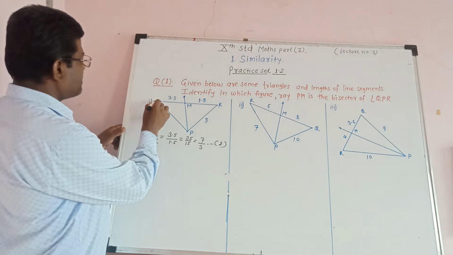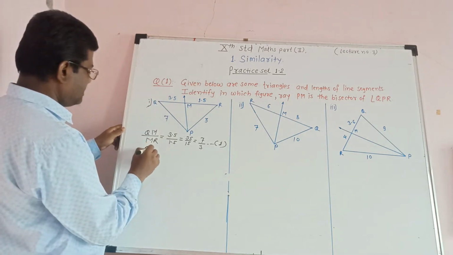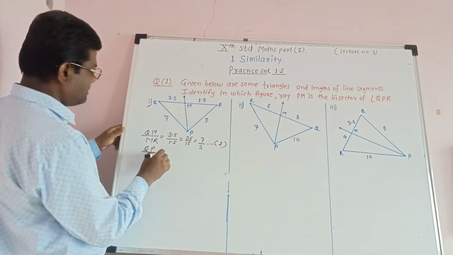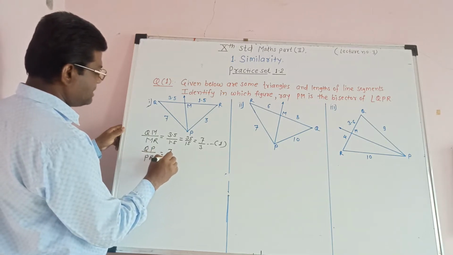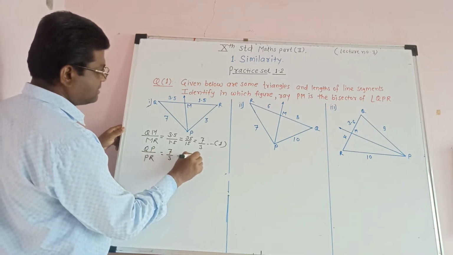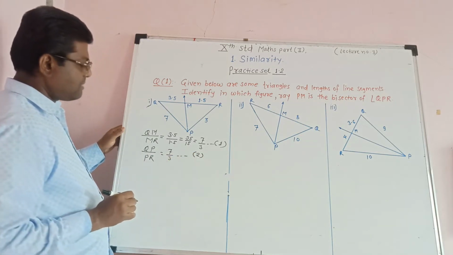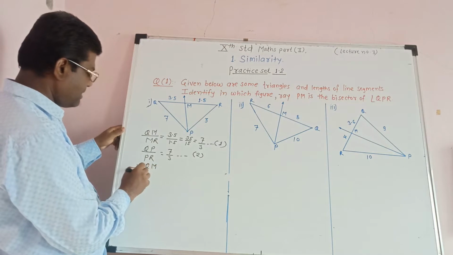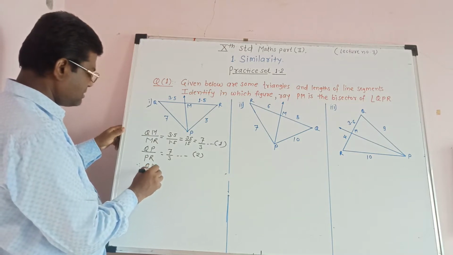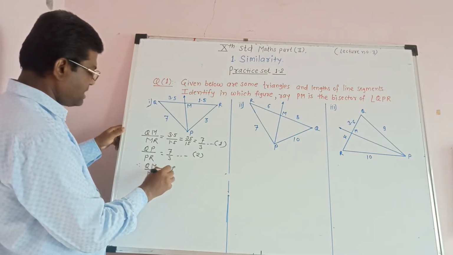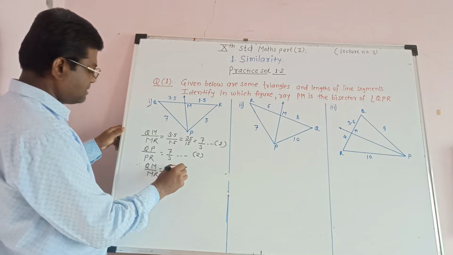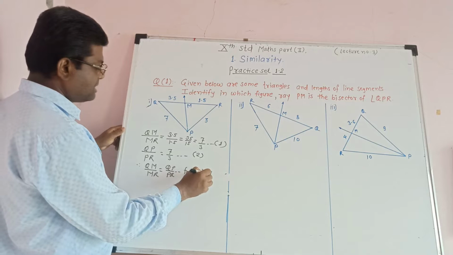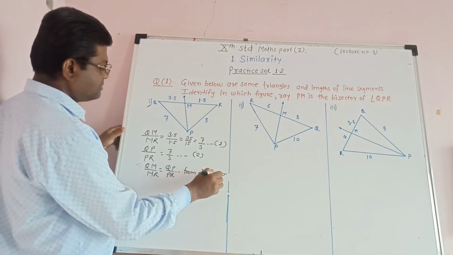Now take the ratio QP upon PR, which is equal to 7 upon 3. This is also 7 upon 3. Therefore QM upon MR is equal to QP upon PR. This is from equations 1 and 2.